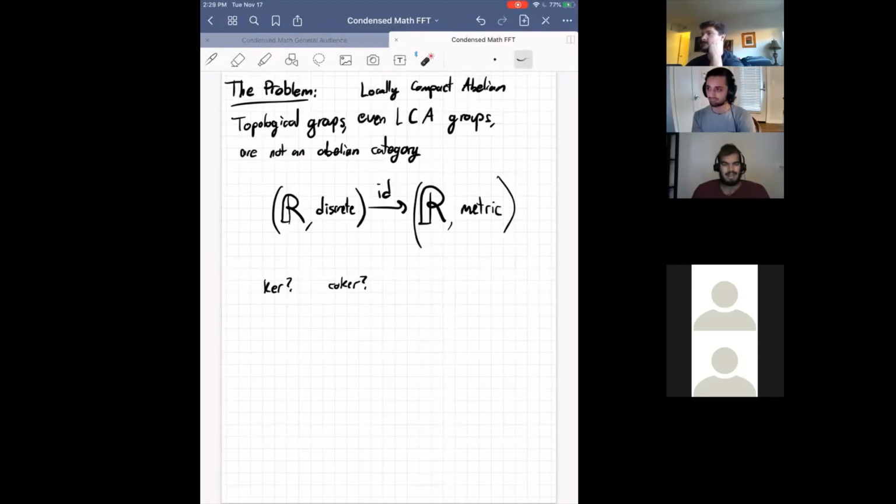Yeah. So just to repeat what Alex said, this is definitely not an isomorphism, but just as a group, the kernel and the co-kernel are both 0 because it's the identity map. I guess it comes from the fact that bijective continuous does not imply bicontinuous.